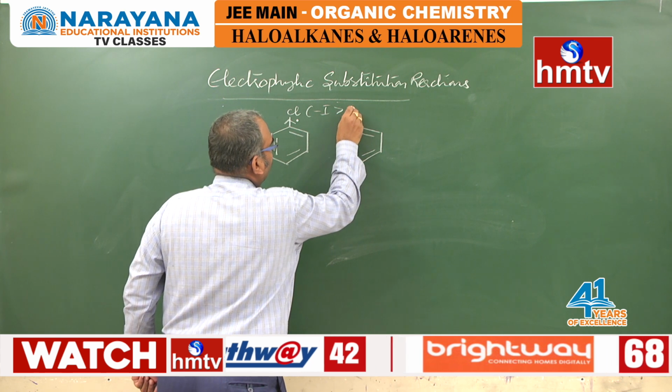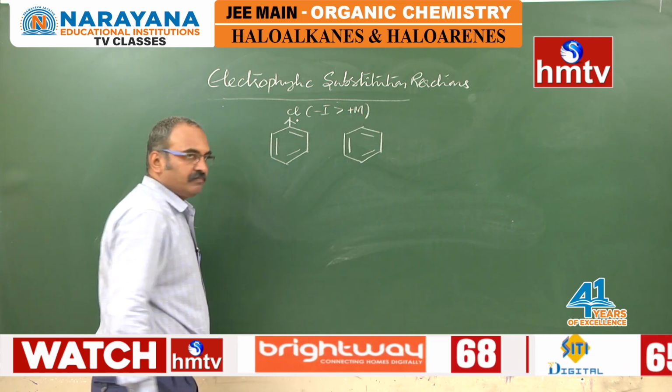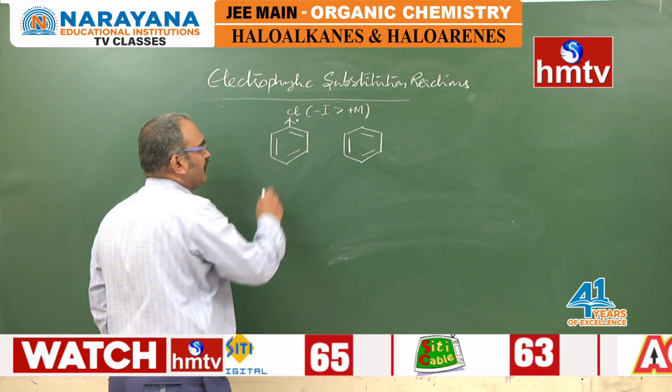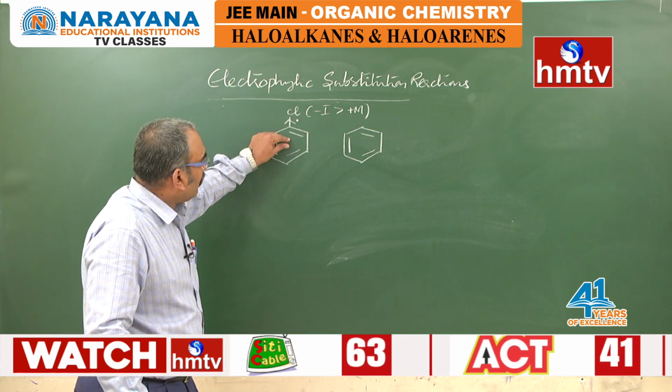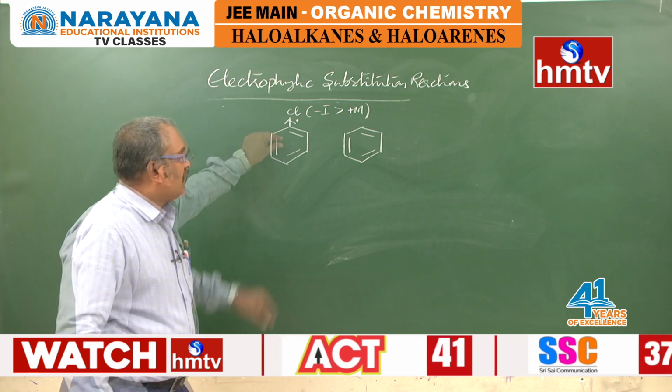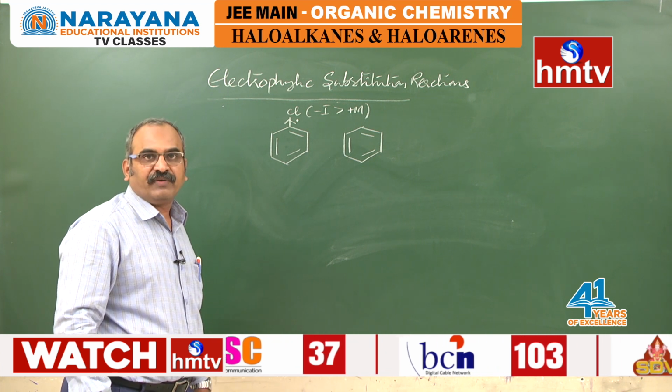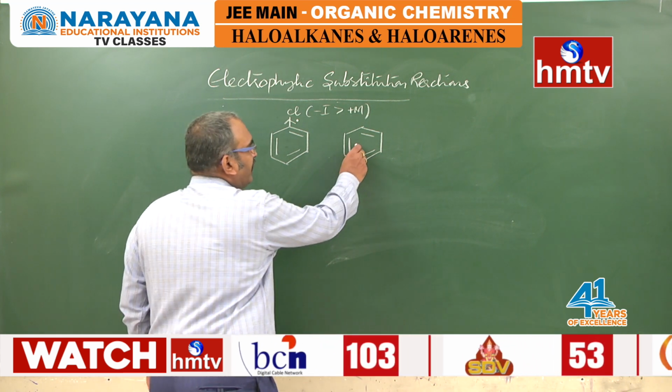Its minus I power is more than the plus M power. That's why the minus I power deactivates the benzene ring and decreases the electron density of the benzene ring. Thereby, chlorobenzene or any aryl halide participates in electrophilic substitution reaction slower than benzene.